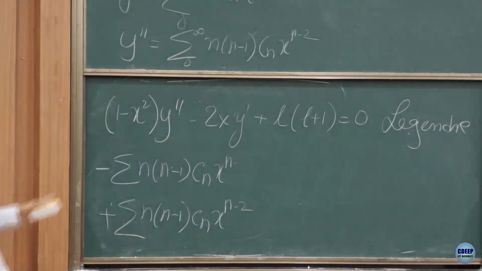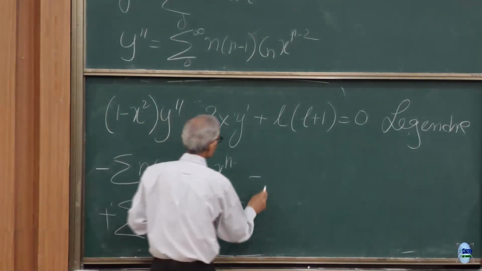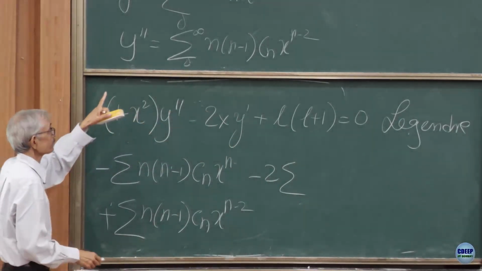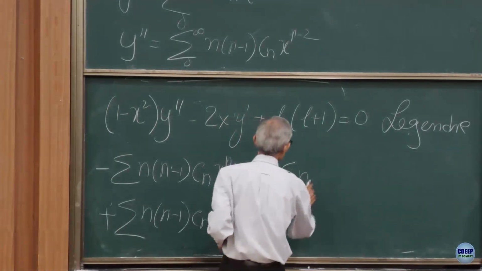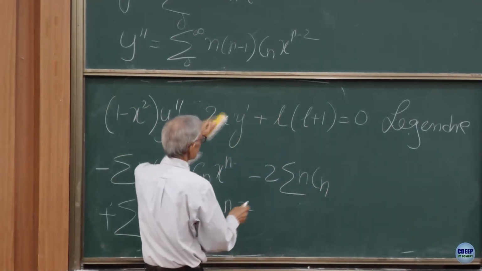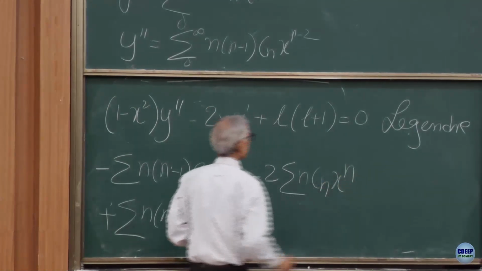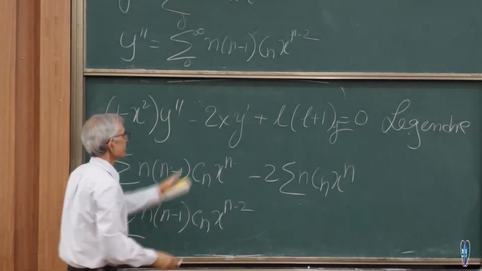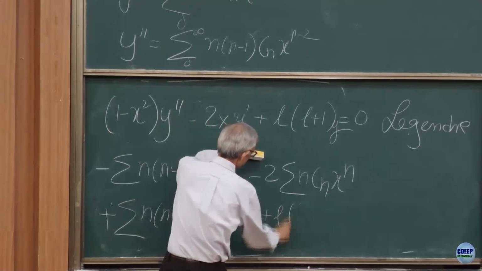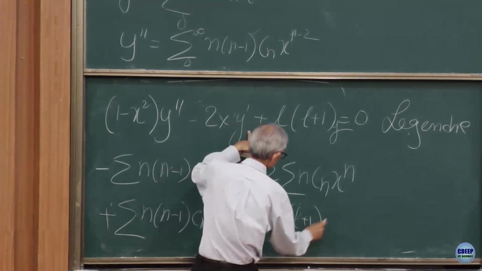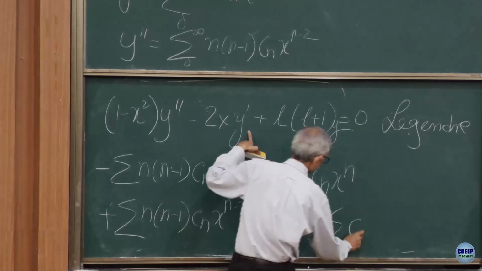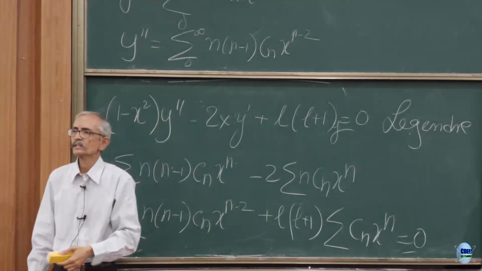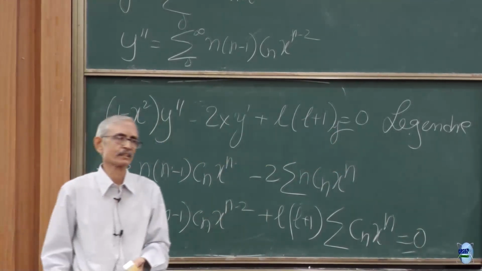So that stays. That's my first term. Minus twice, and then I have got my y prime there now. In the previous example there was no y prime, and this is summation of n Cn x to the power of n. Then plus L into L plus 1, and then summation of Cn x to the power n equal to 0. All that we have done is just brute force algebra, nothing else.